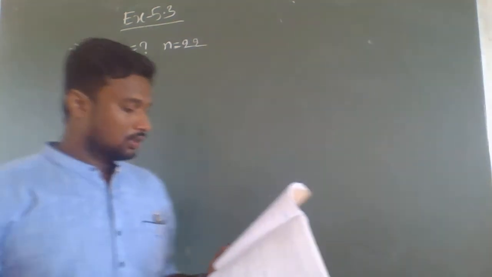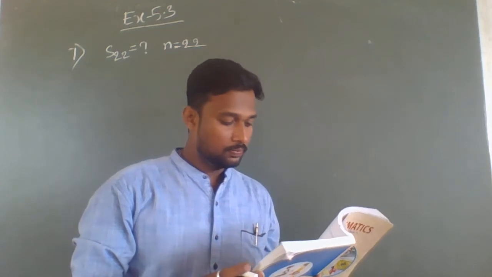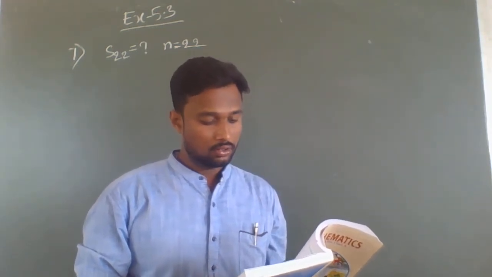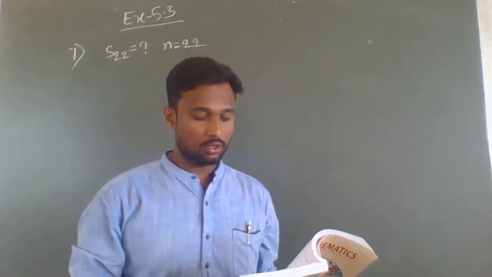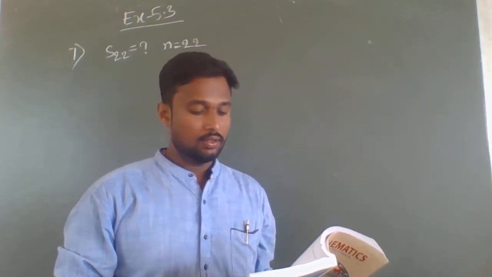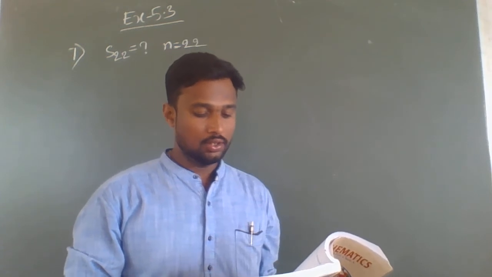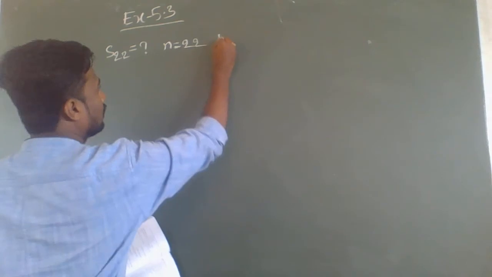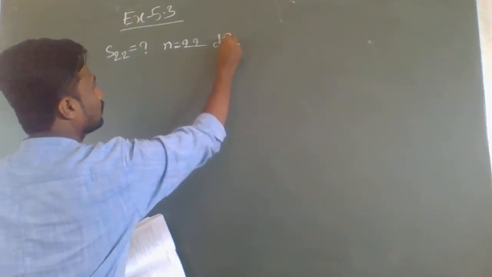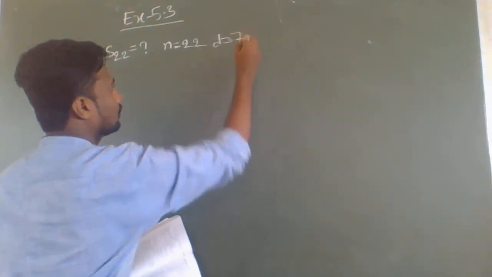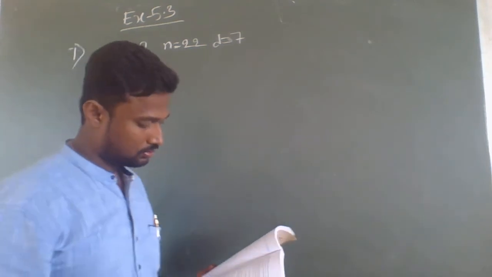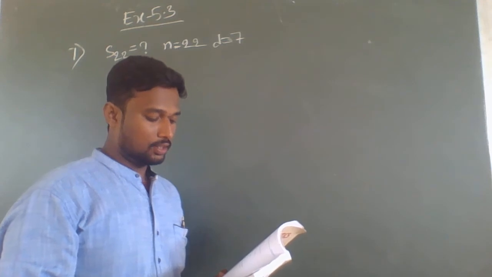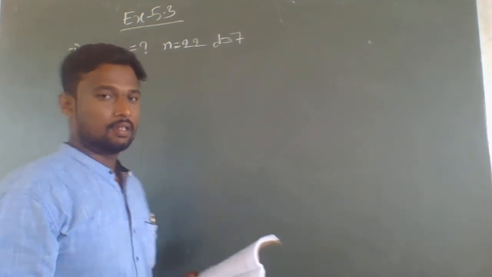Okay. Next, what have they given again? Find the sum of the first 22 terms of an AP in which d equals 7 and the 22nd term is 149.